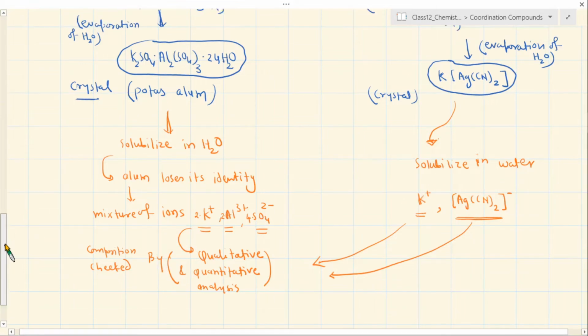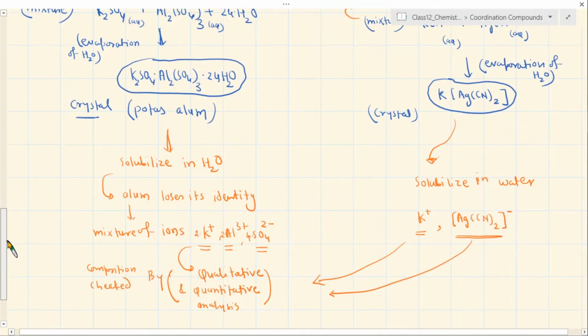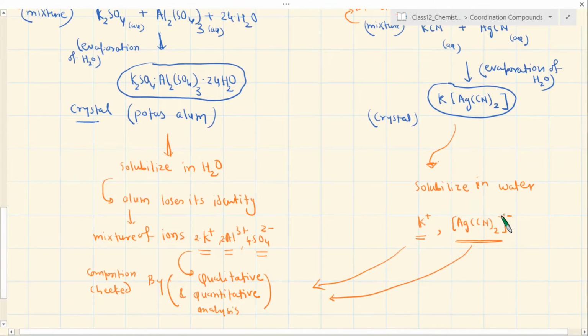Now the question arises, what kind of mechanism is responsible for the formation of this kind of crystal or this kind of substance, and is there anything that has got to do with the property of this substance? Because ultimately if this is what is happening here, that will change the property of this substance, and that property will be very unique. Here you might have realized that this potassium alum loses identity in water.